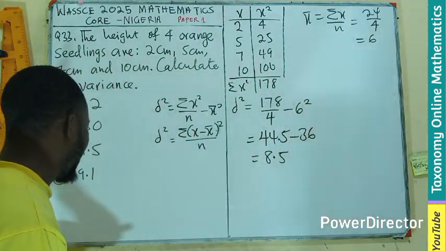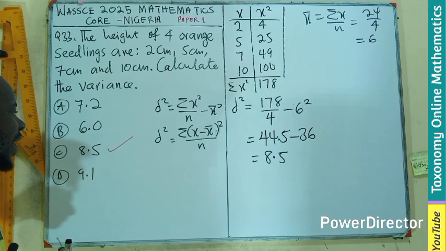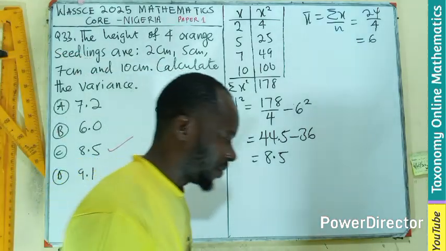If we compare here, we can pick the answer from here as C, 8.5. All right.